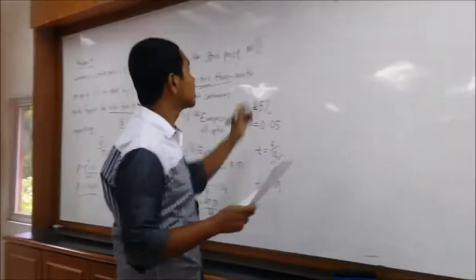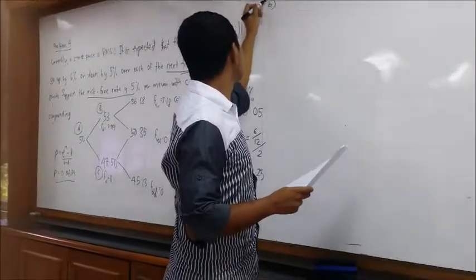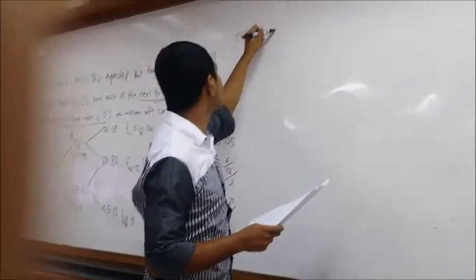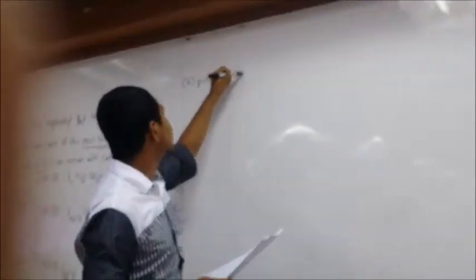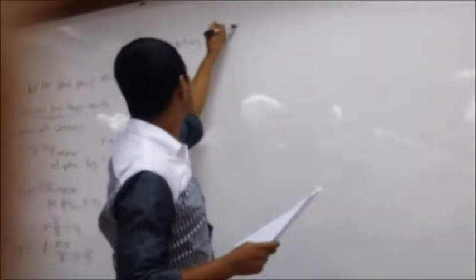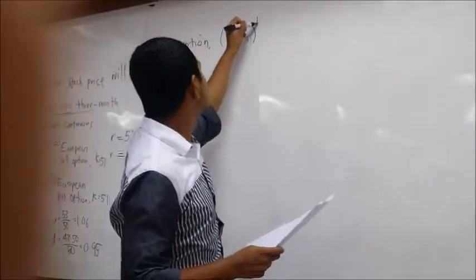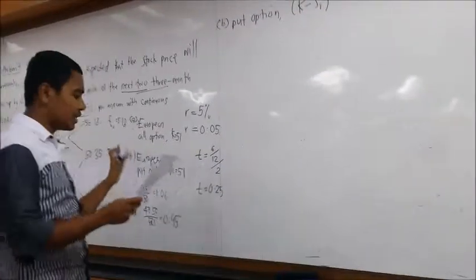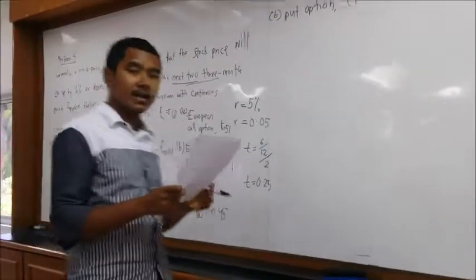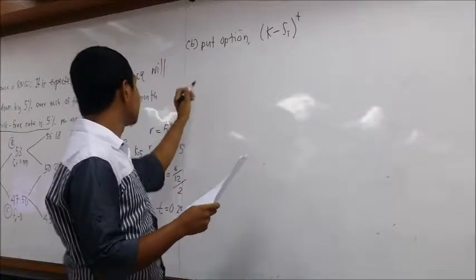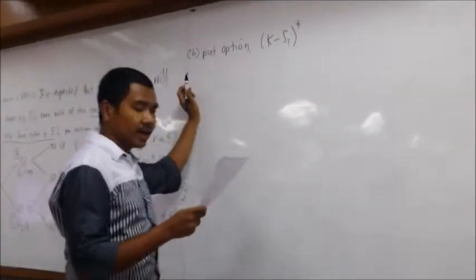The difference is that we want to find the European put option, which is a little bit different when finding FUU. We already have K, U, D, R, P, just plug into the formula. This is the direct way.